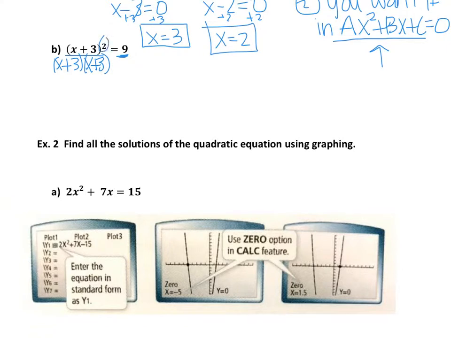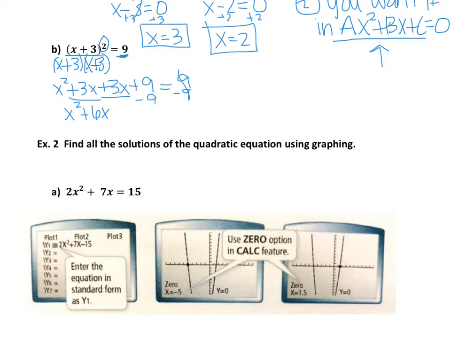I have two of them, so x plus 3 times x plus 3. So I'm going to FOIL that together and get x squared plus 3x plus 3x plus 9 equals 9. I'm going to combine like terms. X squared plus 6x.